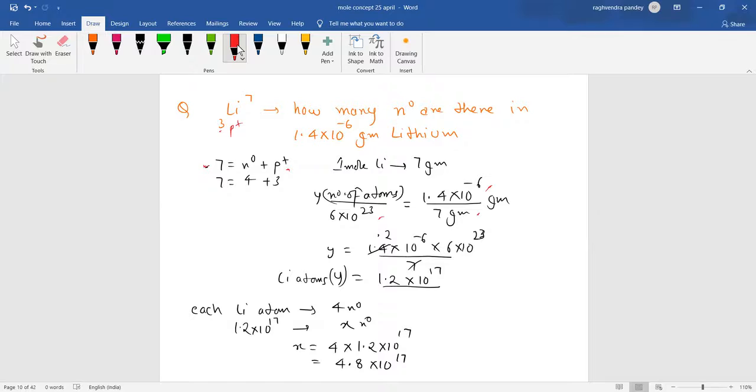So this is the calculation for y, which comes as 1.2 into 10 power 17. Now each lithium atom contains 4 neutrons, so 1.2 into 10 power 17 atoms contain x neutrons, that is 4.8 into 10 power 17 neutrons. That is the final answer.